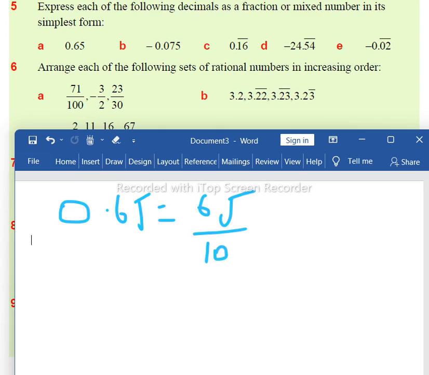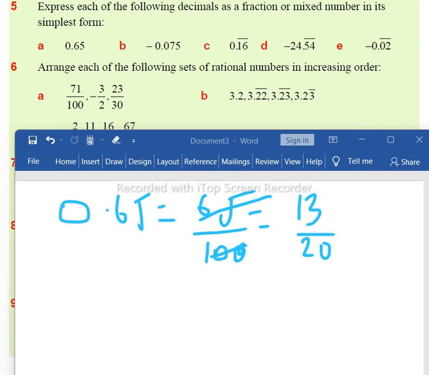Here we have 100, because after the dot we have 2 digits. If it were 1 digit we would say over 10, but this has 2 digits after the dot, so it is 100. This number we can simplify by 5, which gives 13, and 100 divided by 5 gives 20. We can write it like this.